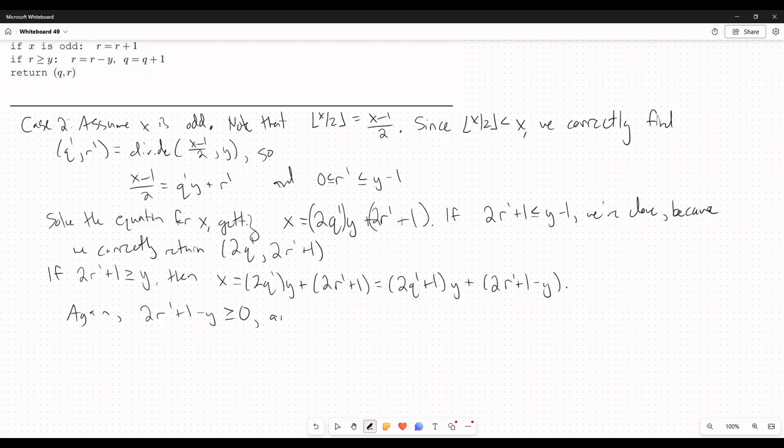And here's where we need to be a little bit more careful. So we want to show that 2r prime plus 1 minus y is less than or equal to y minus 1. That's going to say 2r prime plus 1 minus y is less than or equal to, well, this r prime is less than or equal to y minus 1. So that's supposed to be a y, not an r prime.